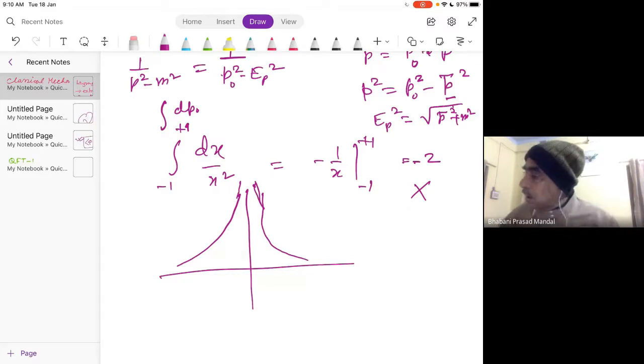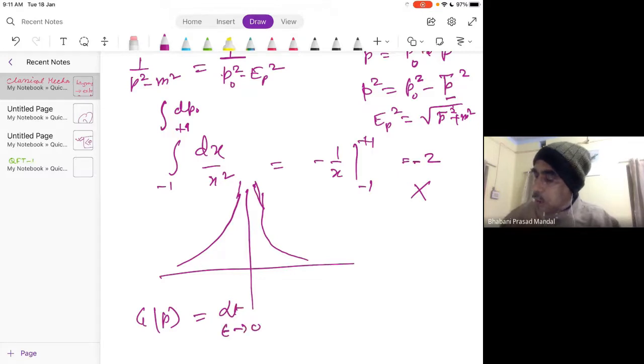So this integrand as defined is not appropriate, and we need to take a little bit of care. Feynman, because field theory was mostly developed by Feynman, said you can write G(p) as the limit, epsilon going to 0, of 1 over p square minus m square plus i epsilon.